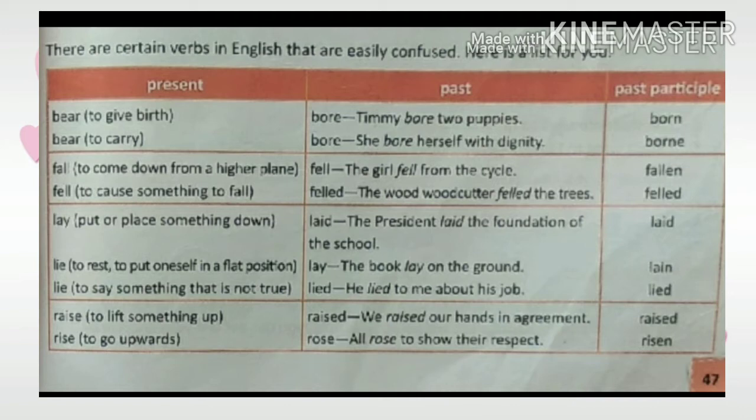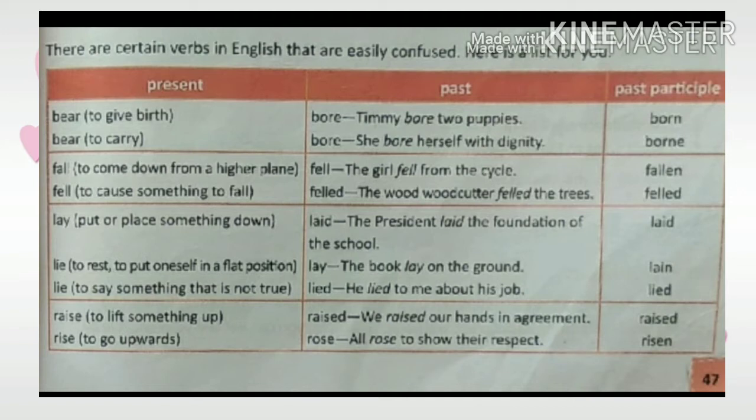For example, fall, to come down from a higher place, we know it, and its past is fell and past participle is fallen. Another fell is there in the present form, its past is felled. For example, we use it in terms of cutting down trees, it felled.